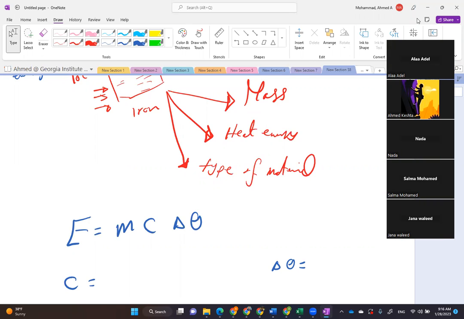Once you do this, I'm going to tell you why I'm asking for the rearranging of the equation. So 1 minute, type your answer in chat, please.